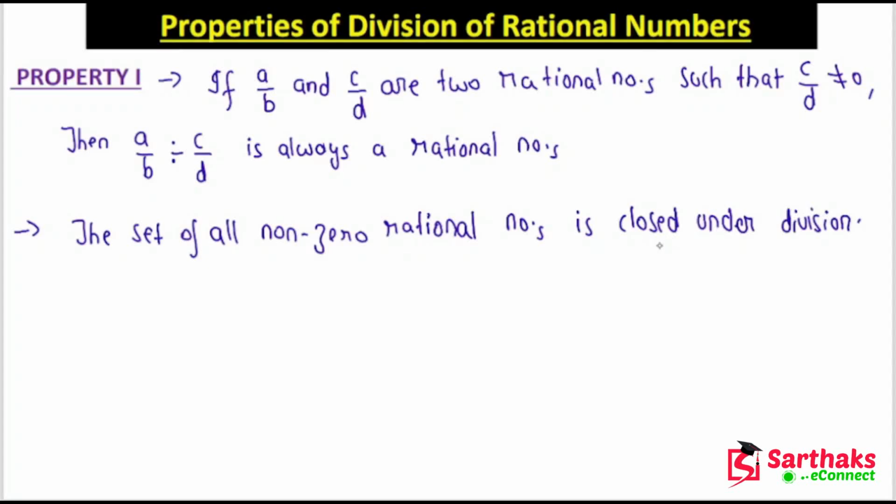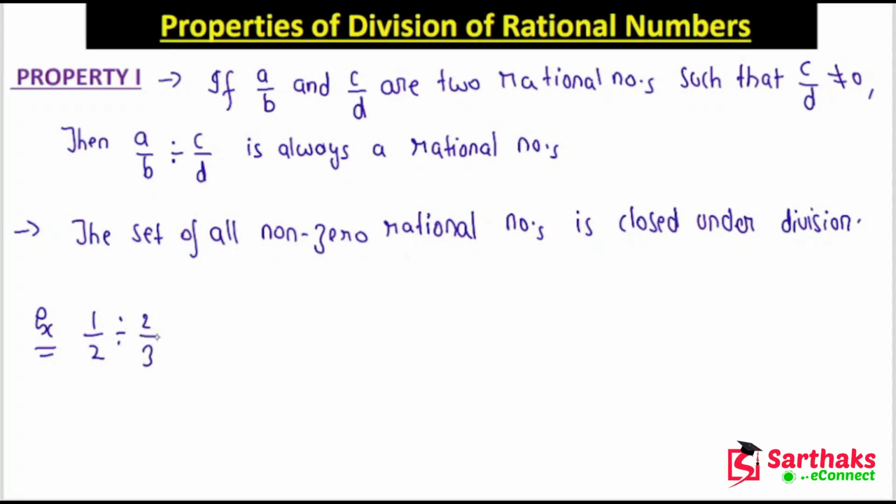That is, if you divide a rational number by a non-zero rational number, then you'll always get a rational number. If you want, you can verify it with the help of an example. You can take as many examples as you can, but for the sake of explaining this property, let me take an easy example. Let us divide 1 by 2 by 2 by 3.